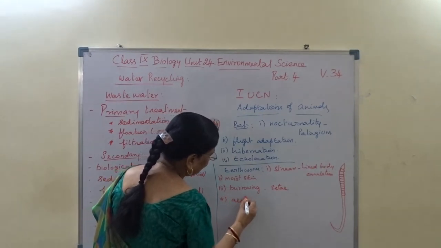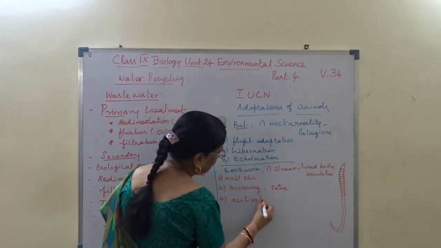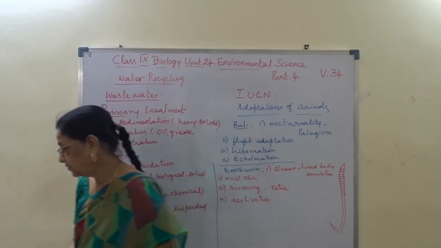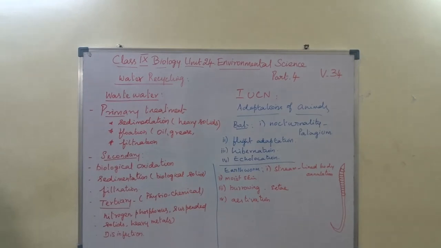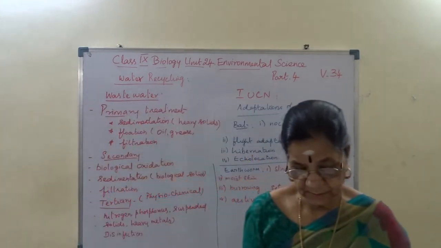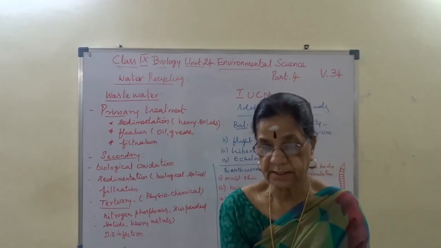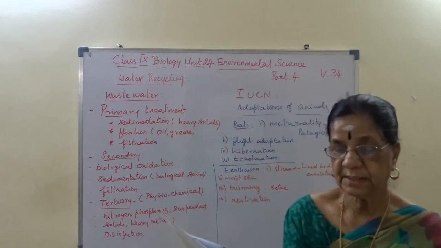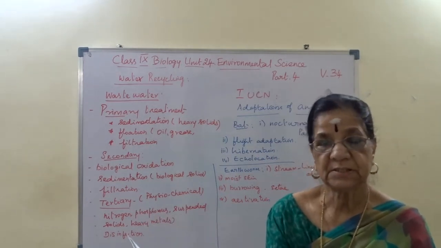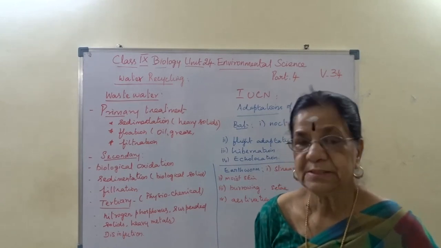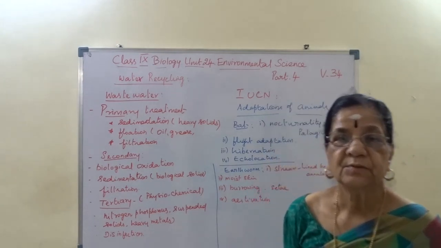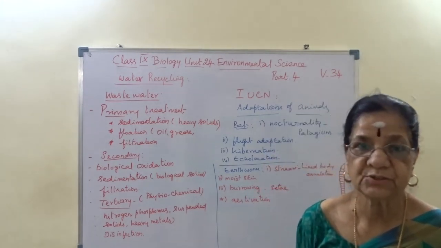estivation. What is it? Estivation: when the soil becomes too hot or dry, the earthworm becomes inactive and undergoes a process called estivation. Normally, in higher animals, estivation is summer sleep and hibernation is winter sleep, to overcome the situation.